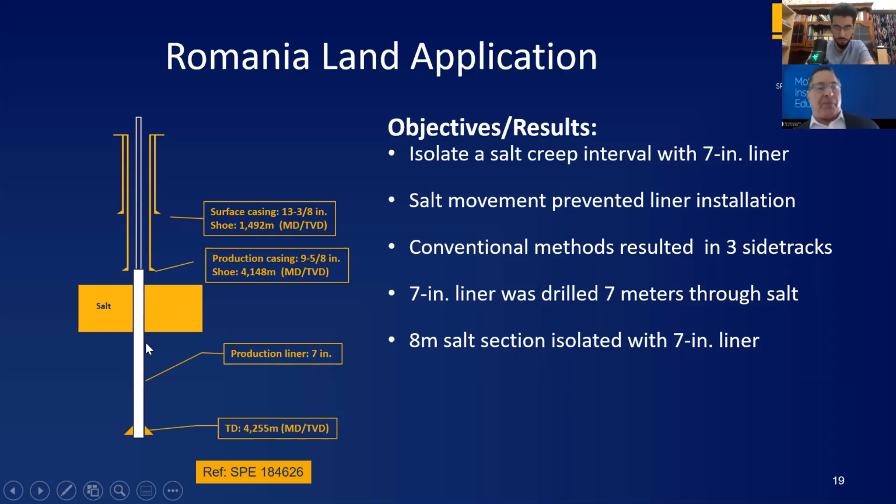They only drilled several meters outside the salt because the bit failed, but that was okay. They isolated the salt, and it was successful, where it saved 3 previous sidetracks. So another application in liner and casing drilling is to mitigate salt movement.